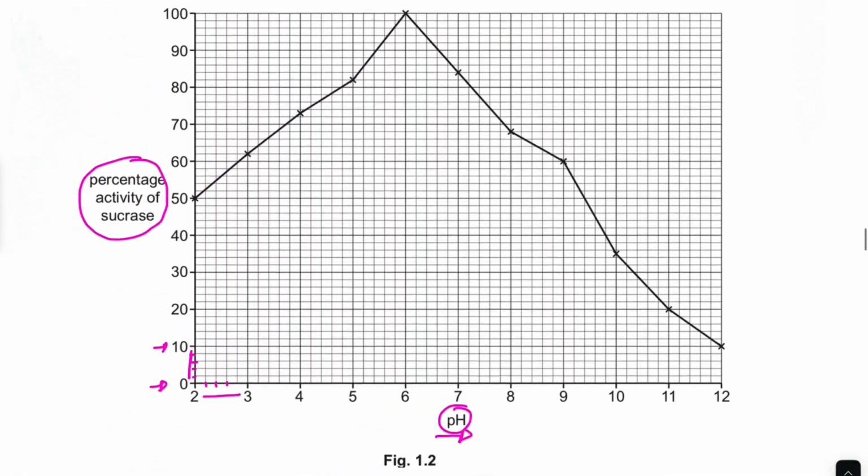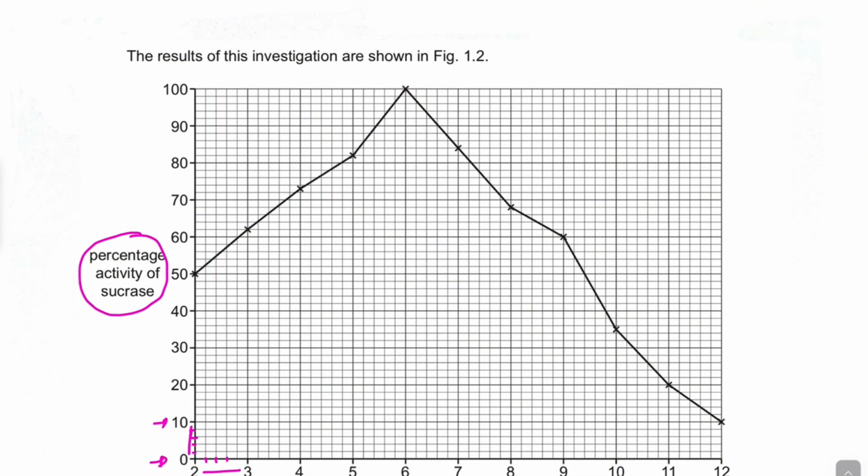If I were to describe this graph, what I see is that 6 is the optimum pH, and here the enzymatic activity is 100%. From pH 2 to pH 6, the enzymatic activity is increasing from 50% to 100%.